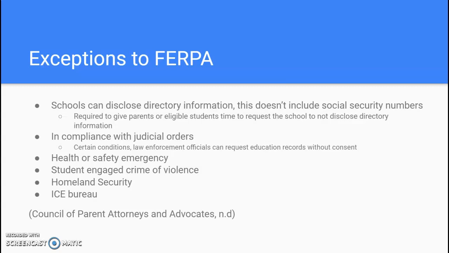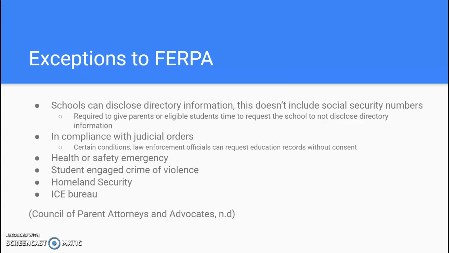So this means whenever you send out opt-out information to parents, such as surveys, photos being taken, or any other information, you must give the parents and eligible students time to say yes, you can disclose this information, or no, I do not wish for my child's information to be disclosed.